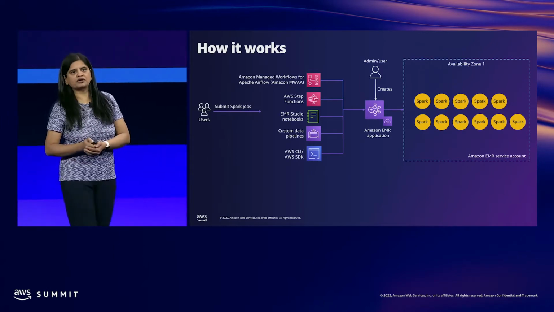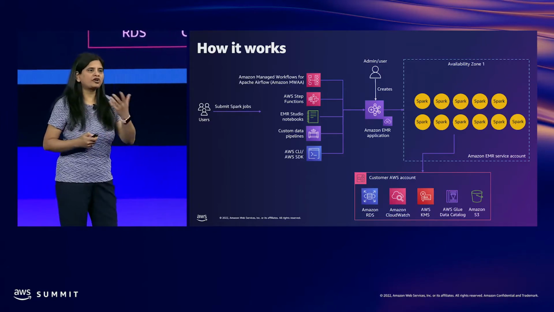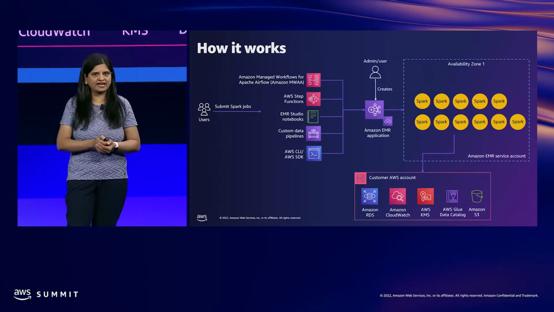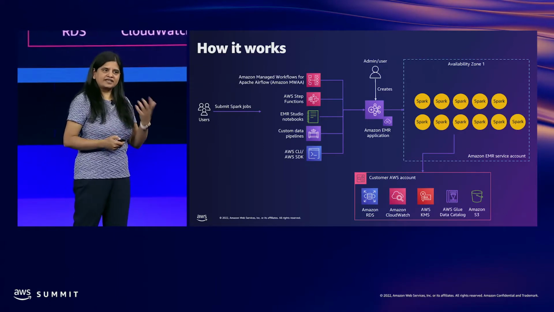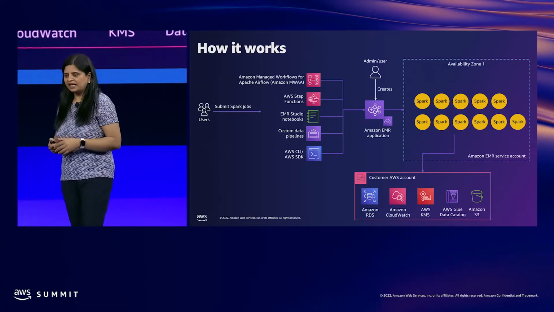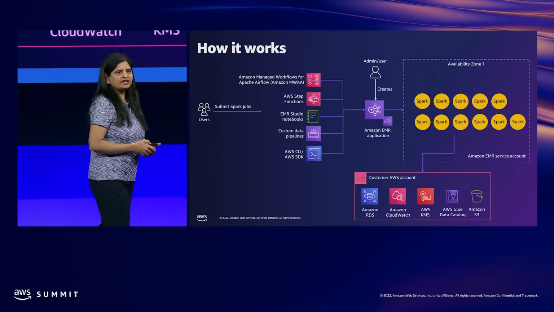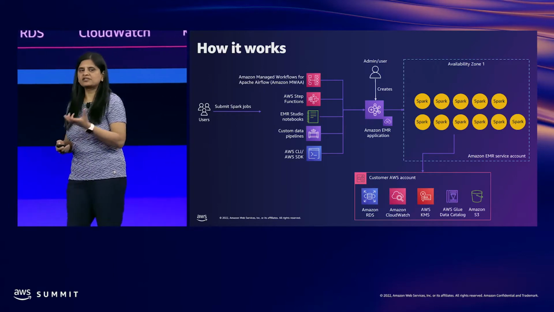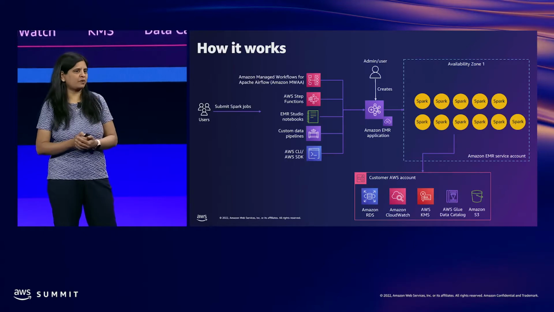Now, these workers will reach out to resources in the customer or your VPC, which include a Glue Data Catalog if you are interested in using the Glue Data Catalog, an RDS instance if you are using a Hive Metastore on RDS, Secrets Manager to retrieve your secrets, KMS to encrypt your keys, CloudWatch to send your metrics in, and then S3 to store your input and output data. So the workers will have the capability to reach out to these services as they are running your Spark or Hive job.